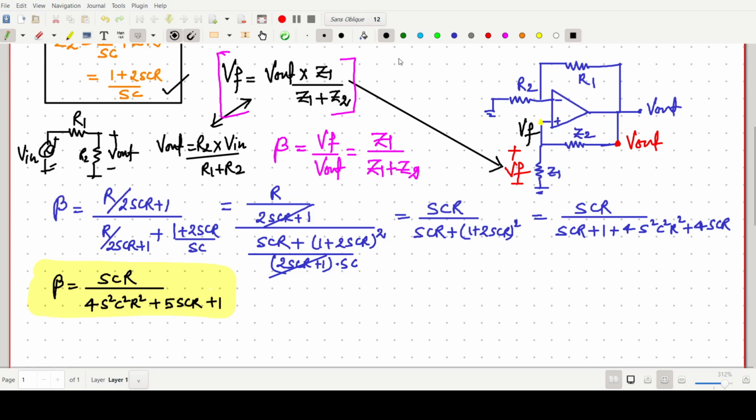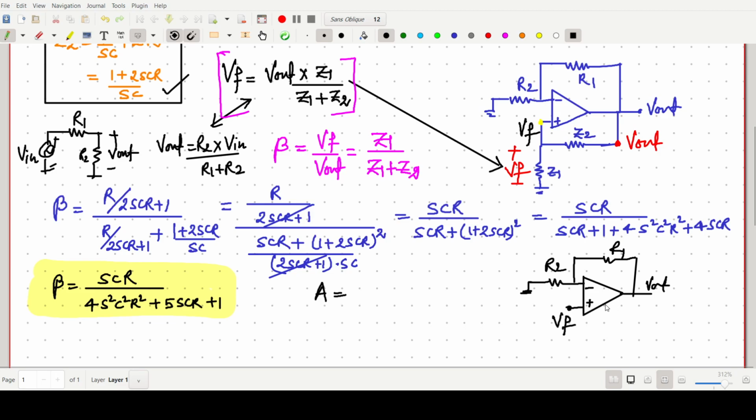The amplifier gain, the A value, is nothing but simply a non-inverting amplifier. I am making one more diagram, considering VF, this one R2 and this one R1.